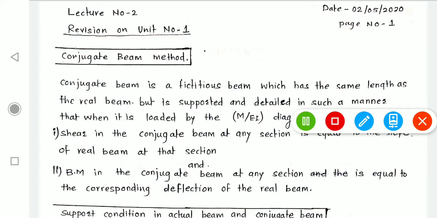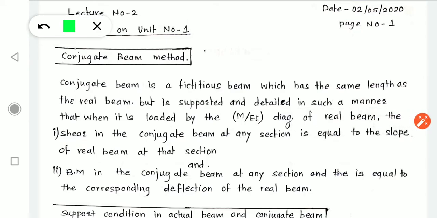In the conjugate beam method, what does this concept say? What type of beam is it? Usually we come across a beam, and we have already studied and analyzed simply supported, cantilever and different types of beams in the first unit, right? But what are we doing with this new type of beam, the conjugate beam? So let's learn it.